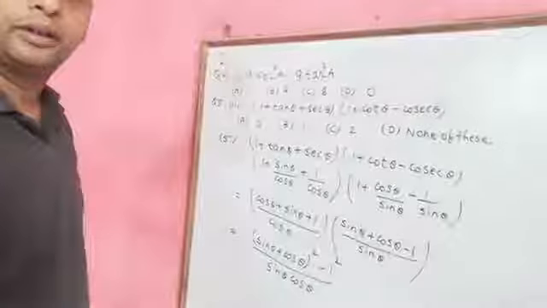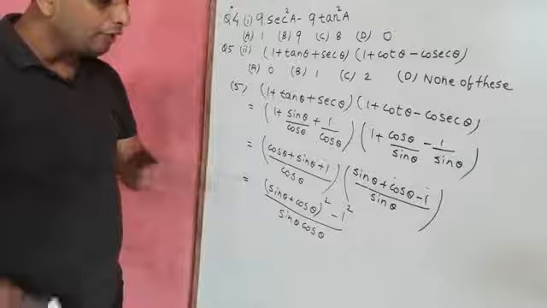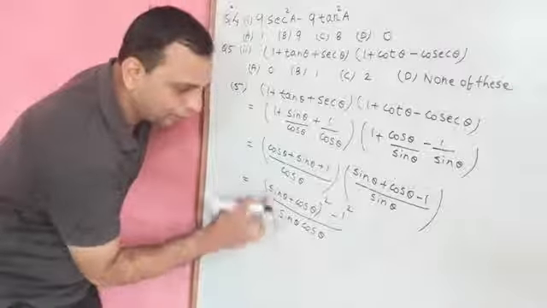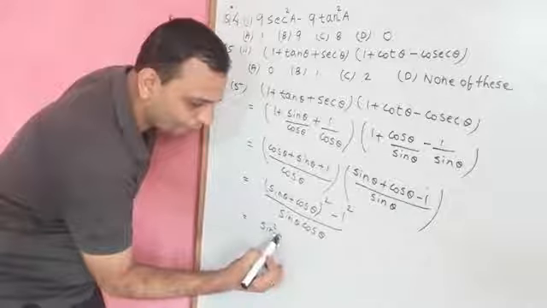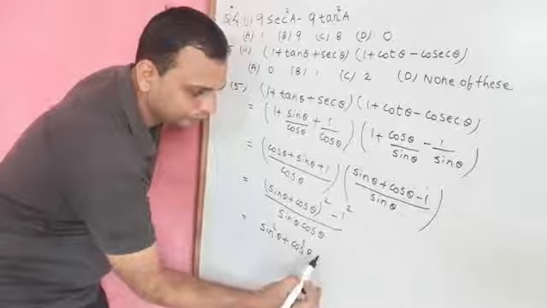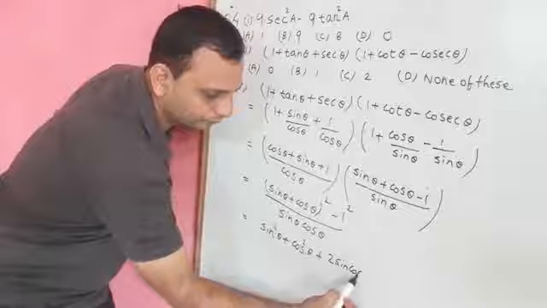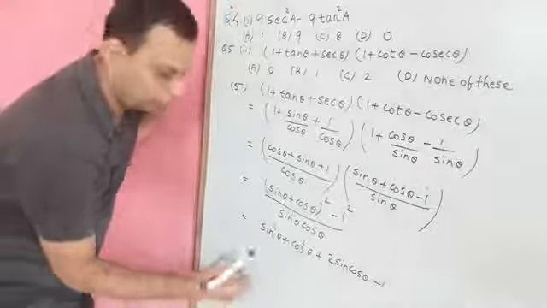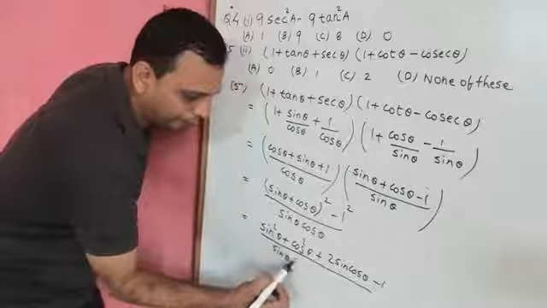Now here we can apply the identity, the a plus b whole square: sin square theta plus cos square theta plus 2 sin cos, minus 1, upon sin theta multiply cos theta.